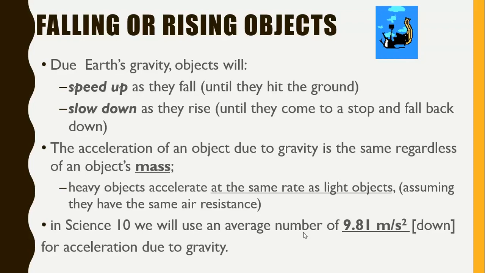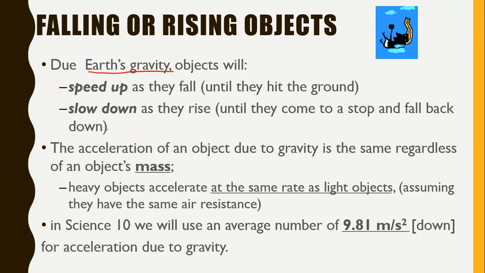Okay, so we have to handle falling objects and objects that are being thrown or shot in the air a little bit differently. And the reason for this is the pull of Earth's gravity. If you were to drop a bowling ball out of a third-story window in an apartment building, it's going to start in your hand at rest.